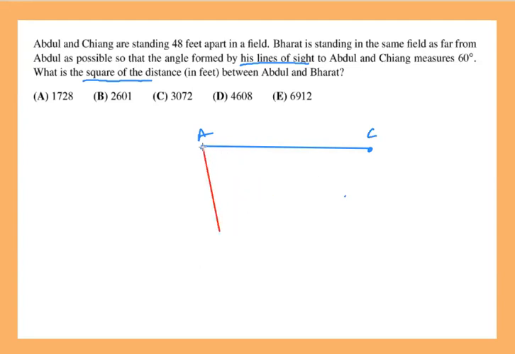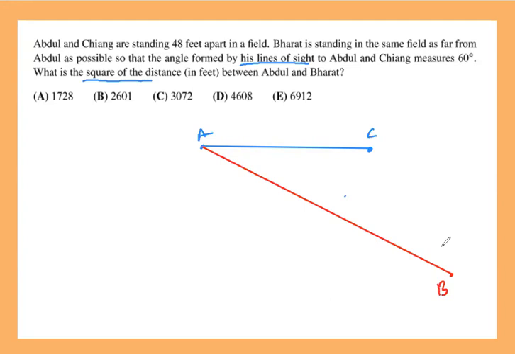If I have something on this side, it is a bit farther from A. But then the angle between B and C will not be 60, which it doesn't look like. So let's assume it's somewhere right there, okay? In that case, let's say this is the position for B.